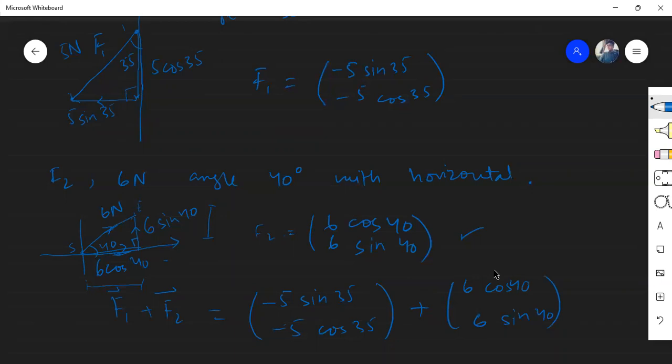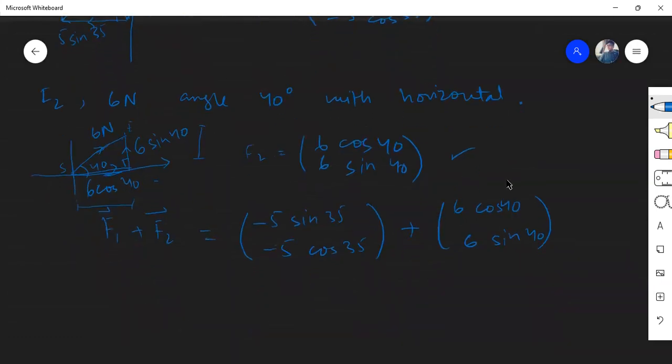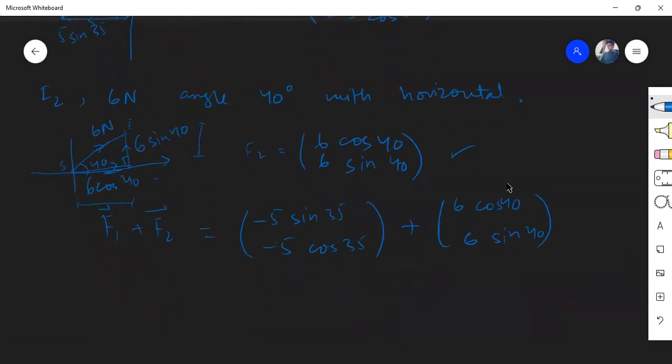You just add the x components and you just add the y components, and you will have a new vector. You will see that you have a new column vector for this. So if I can calculate this, 6 cos 40 minus 5 sin 35.